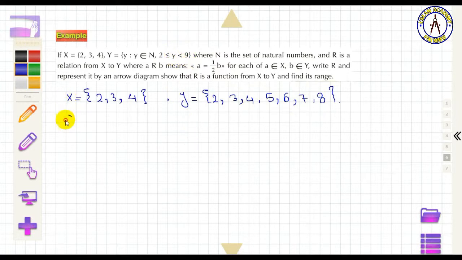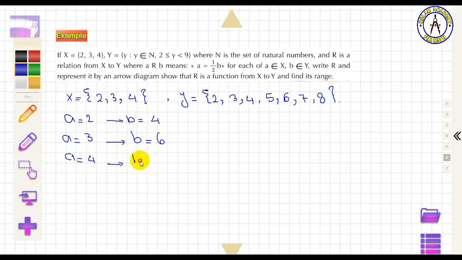Write the elements of x. a equals 2, a equals 3, a equals 4. To find b, a is half of b. That means b equals double a. Multiplied by 2, b equals 4. Multiplied by 2, then b equals 6.